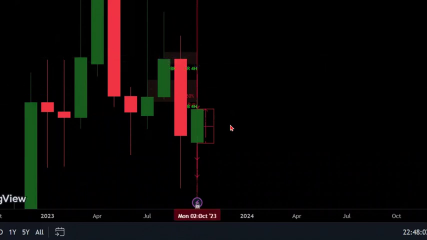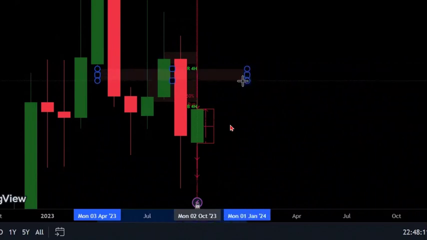So go ahead and put the deep red. You got to mark up that zone and make sure it's the deep red, because the deep red symbolizes the order block, and the light red symbolizes breakers and mitigation blocks.